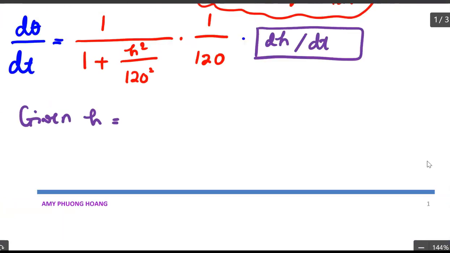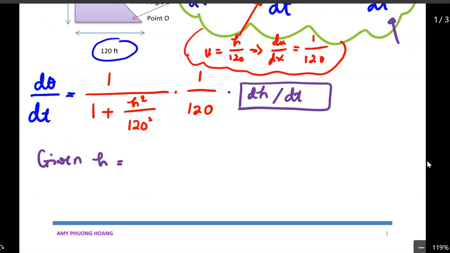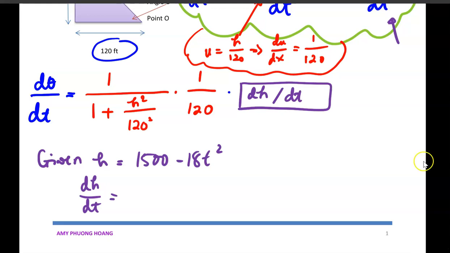Given h equal to 1500 minus 18t squared, I can easily find dh over dt by taking the derivative of this function in terms of t, taking the derivative of h with respect to t. So the derivative of 1500 will be equal to 0. The derivative of 18t squared will give me negative 36t.